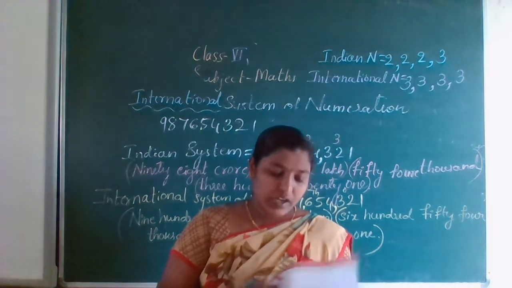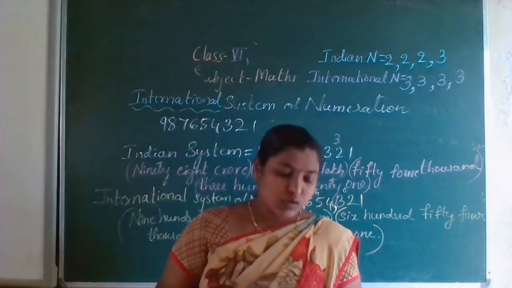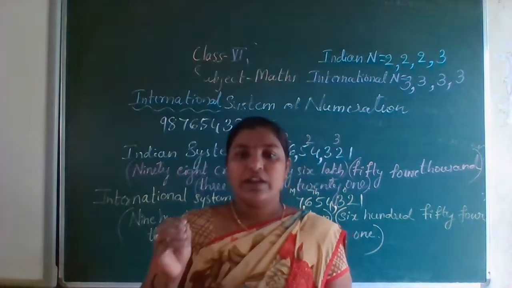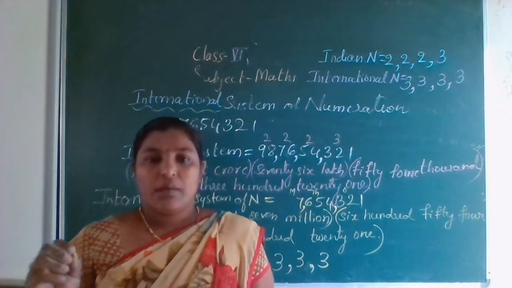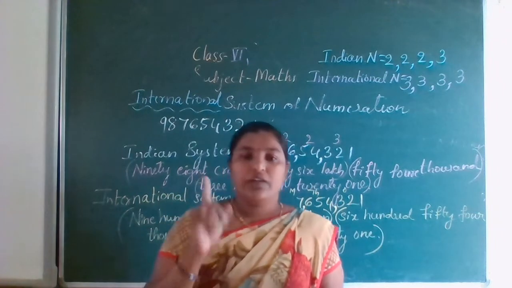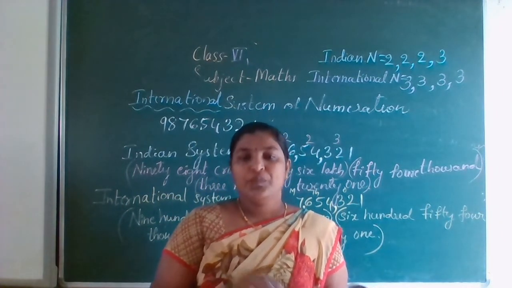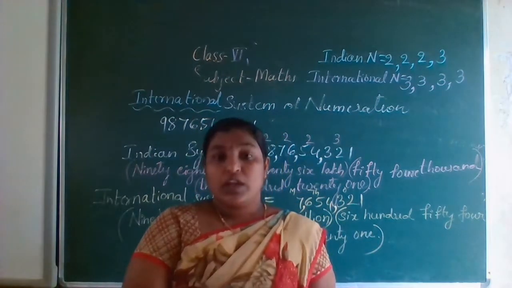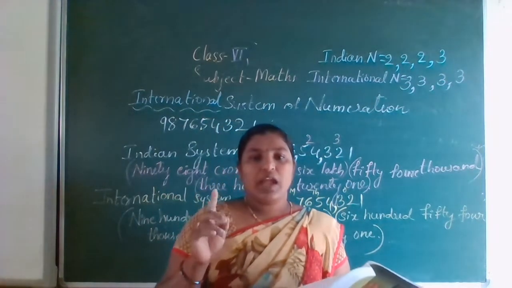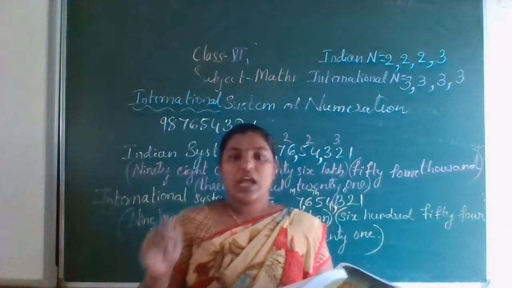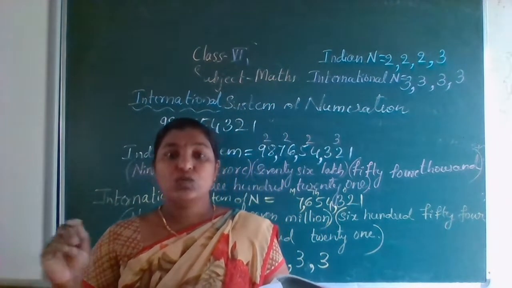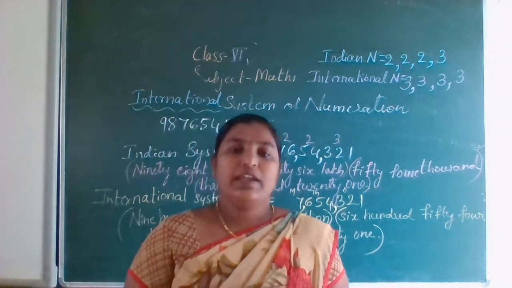Next, shifting numbers, introducing 10,000. By adding 1 to the greatest 4-digit number, 9,999, we will get 10,000.